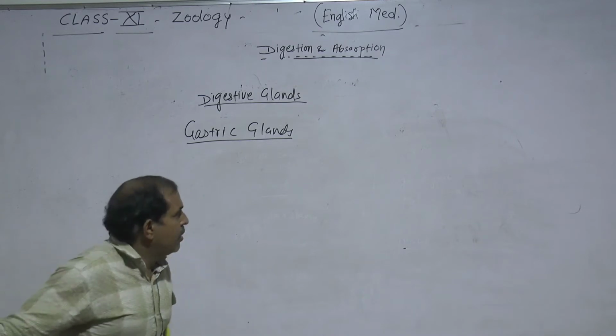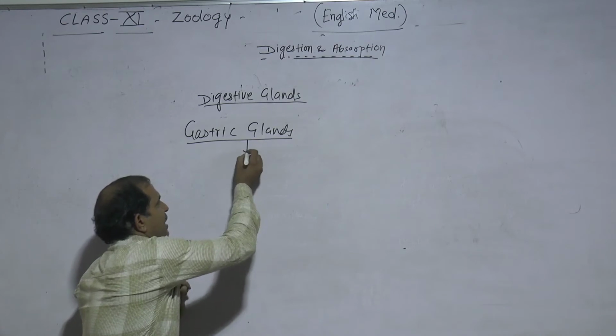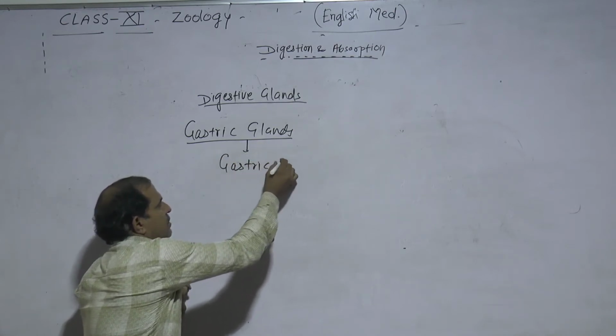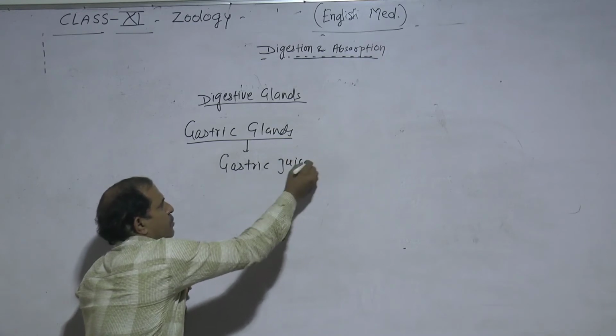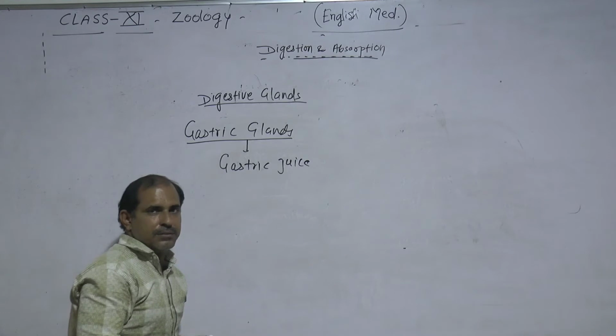And the juice which is secreted by the gastric glands is called gastric juice. It means the gastric juice is secreted by gastric glands.